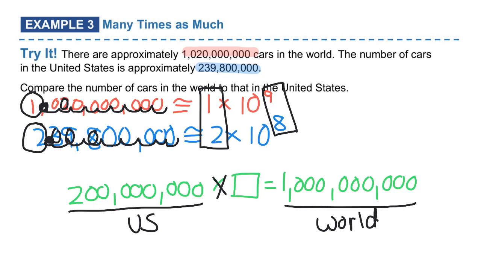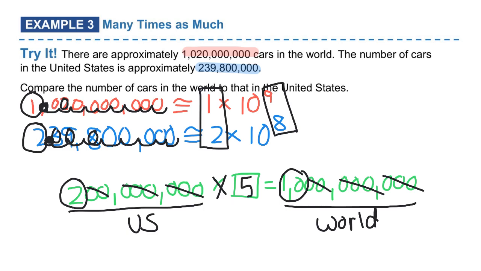So I know I can cut these 3 zeros off if I cut those 3 zeros off. Cut these 3, cut those 3. Cut 2 zeros and 2 zeros, and now I'm comparing 2 and 10.